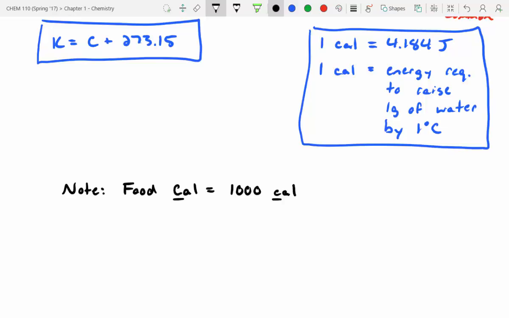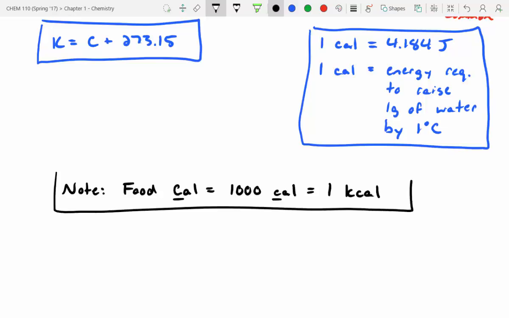If you look on food packaging, it's always a capital C, which means it's enough energy to raise 1,000 grams of water by 1 degree Celsius. It's a lot more energy than the little c. This is also 1 kcal. So if you go to Europe and other countries, to avoid confusion, they just call it a kilocalorie. It's the same thing as calorie with a big C. Any questions about that?